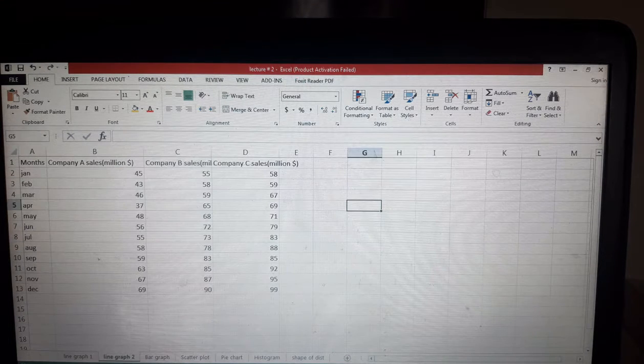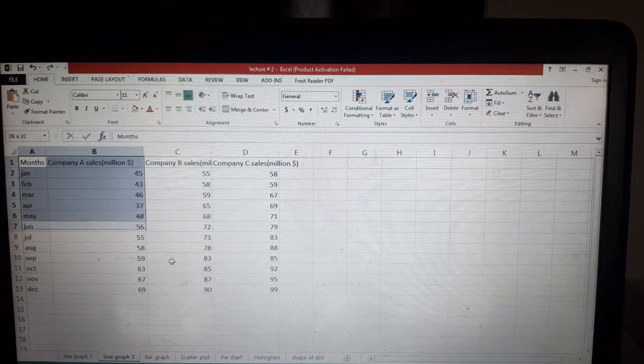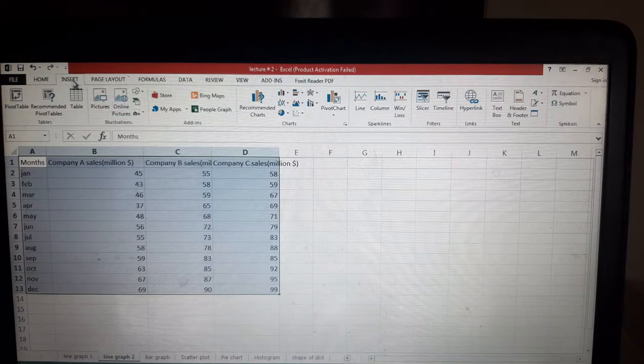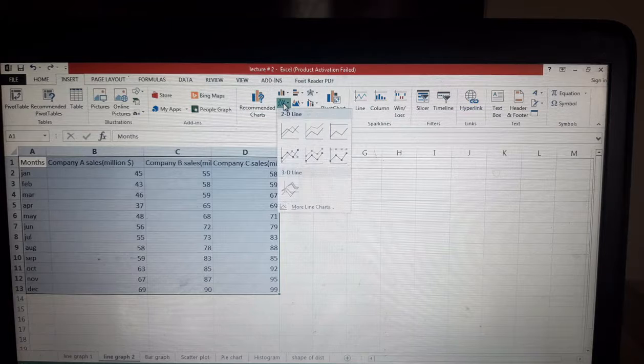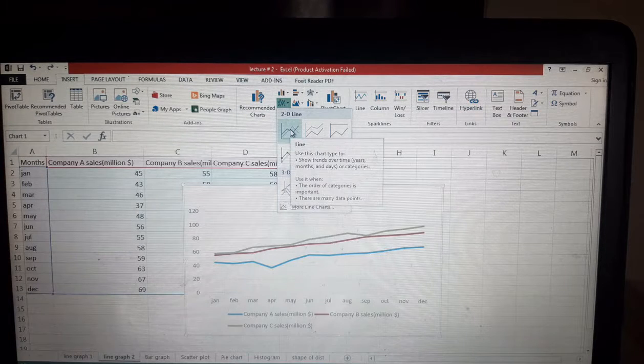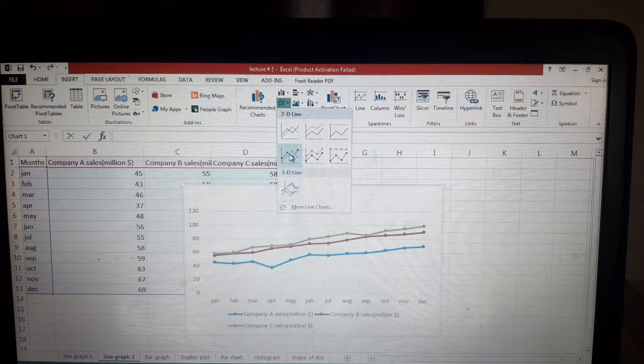This is the data of sales of three companies over the year from January to December. We can also make a graph of this data by selecting all the data with labels. Click Insert, click Line Chart, and Line Graph with Markers.